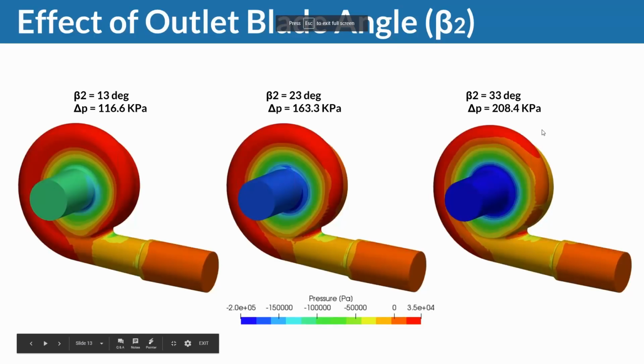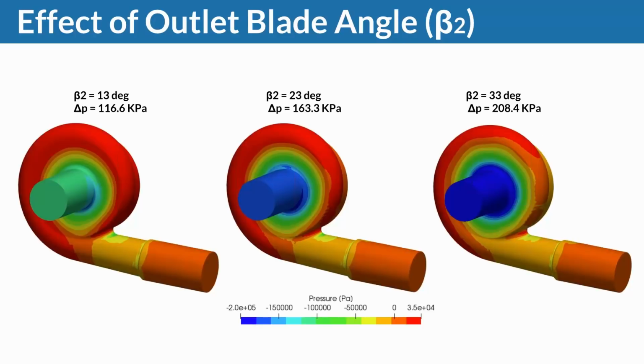So what we've done is basically we set up the same simulation for 3 different CAD models, fixing number of blades, fixing rounds per minute, speed, etc. So the only parameter that we've changed is beta 2. And keep in mind we fixed the gauge pressure at the outlet of the volute. So here everywhere pressure is 0, right?